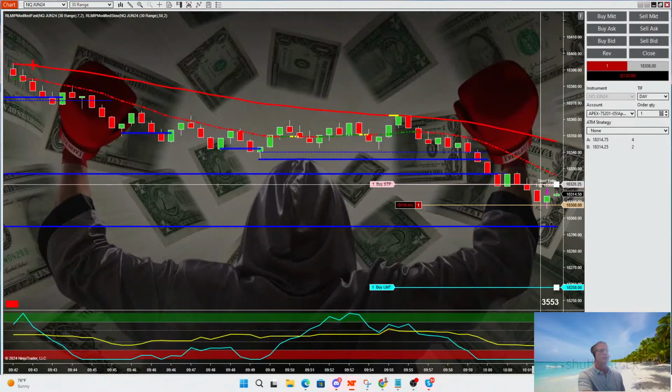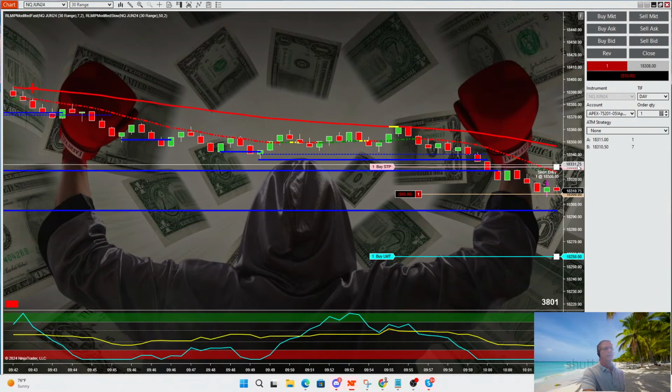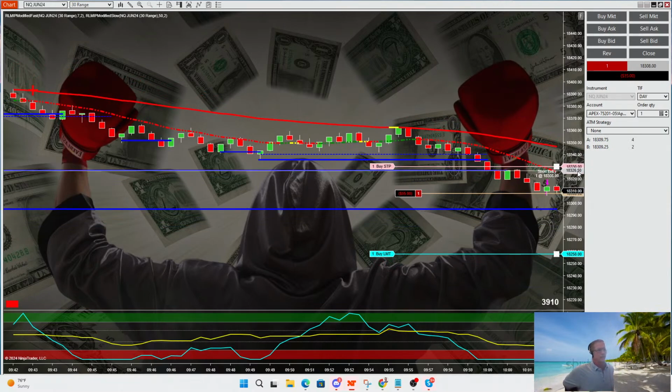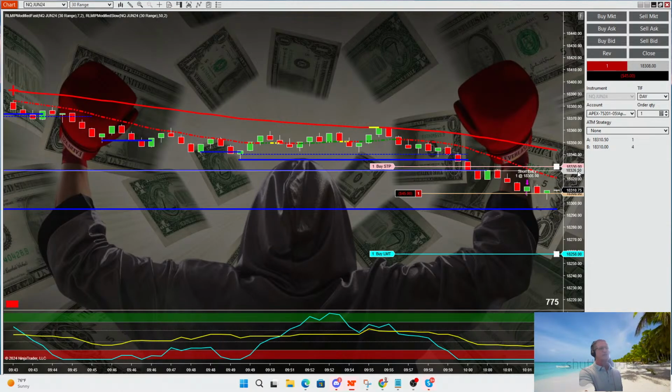Let's give it a little room this time. We'll increase the risk on it. On my Apex, I play around with the stops a little bit. On the other ones, I just let them run exactly how they would run out of the box.